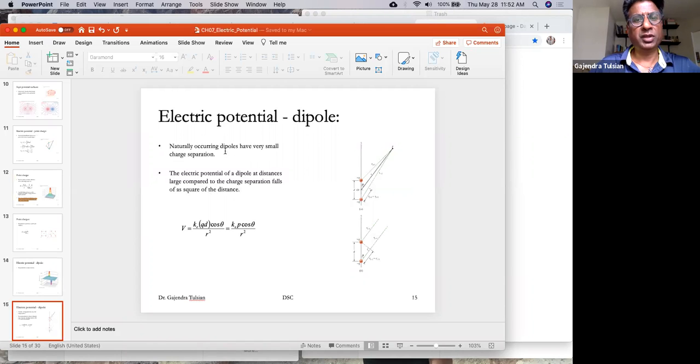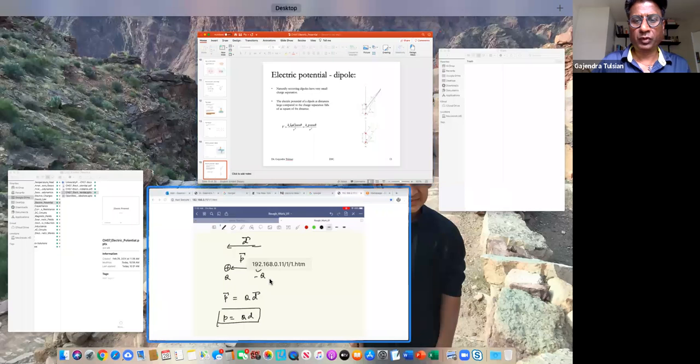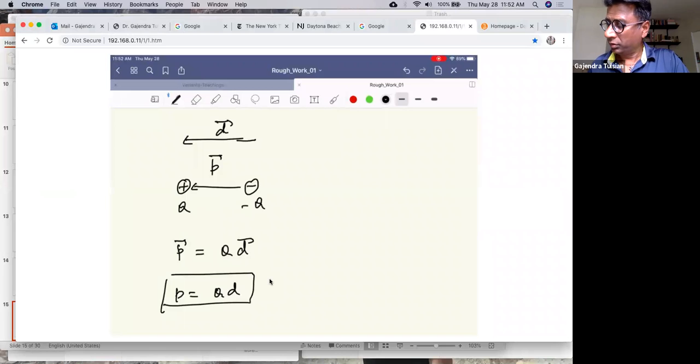Naturally occurring dipoles have very small charge separation. We saw that the water molecule has a dipole moment. Here's a Mickey Mouse water molecule. Here's the center of negative charge and the center of positive charge.